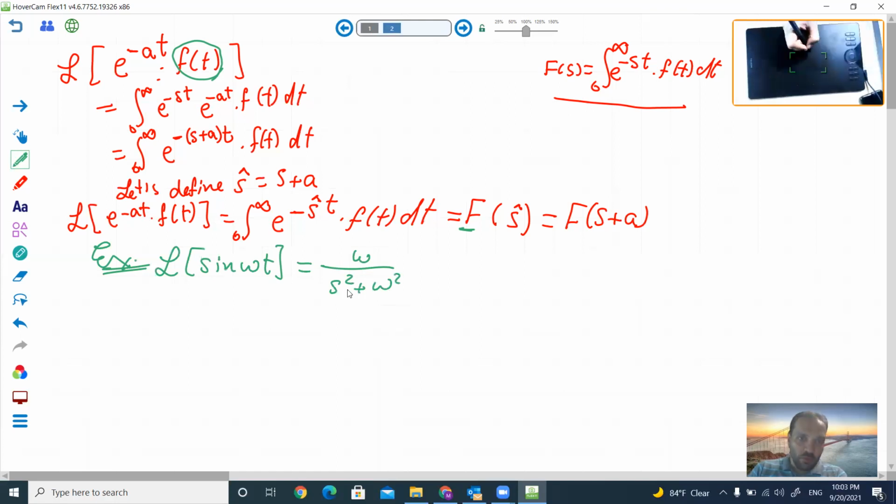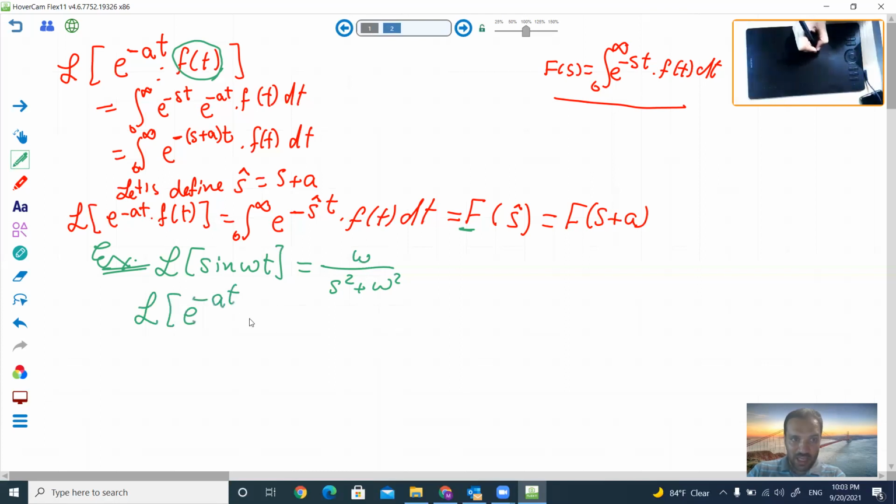We can prove this expression by the same definition, but this time it is a given expression. Someone tells us that the Laplace transform of sine omega t equals omega over s squared plus omega squared, and this is right.